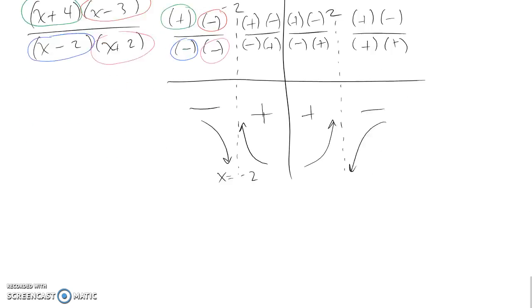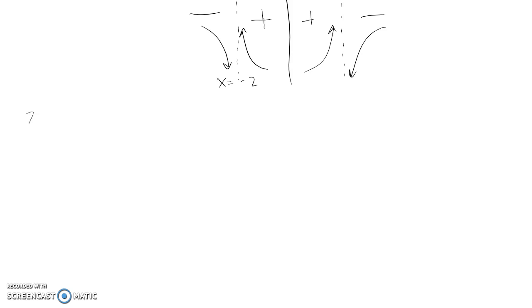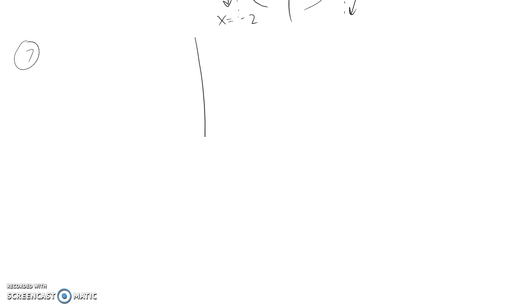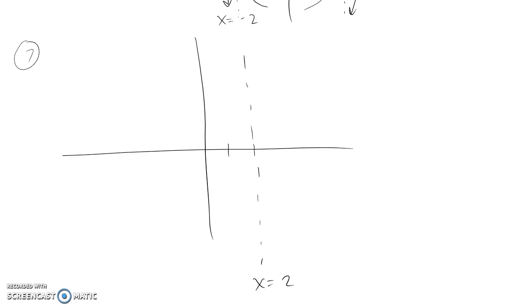Okay, now we're ready to graph our entire function using all of the information that we have. So the first thing we're going to do is put in all our asymptotes. Remember, we have an asymptote, which we use as a dotted line, at x = 2. We also have an asymptote at x = -2.